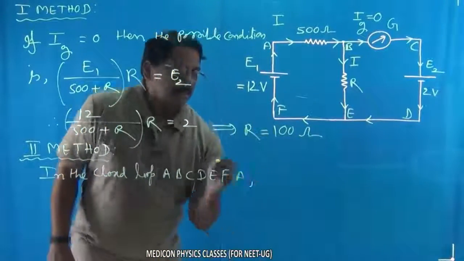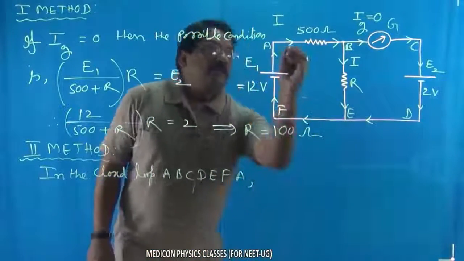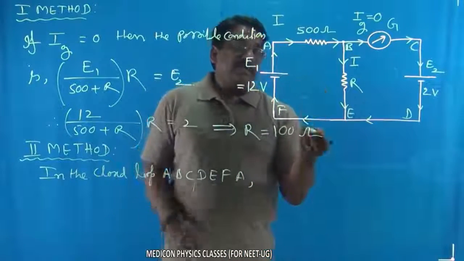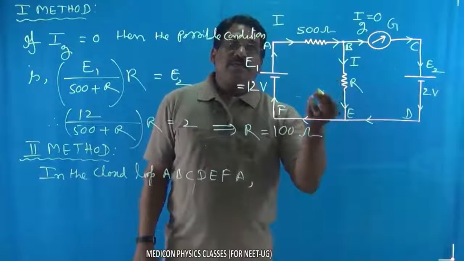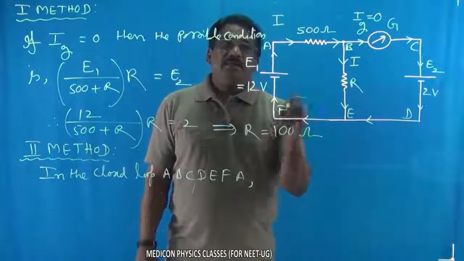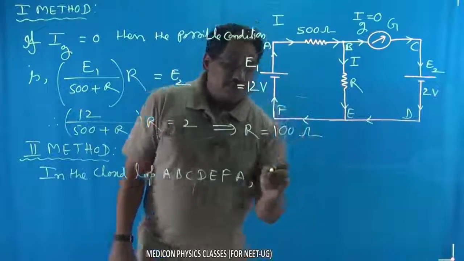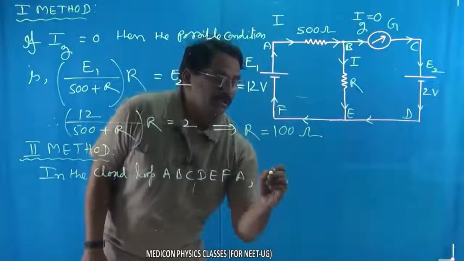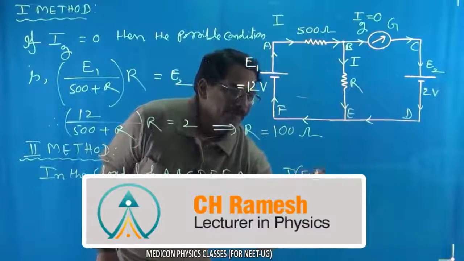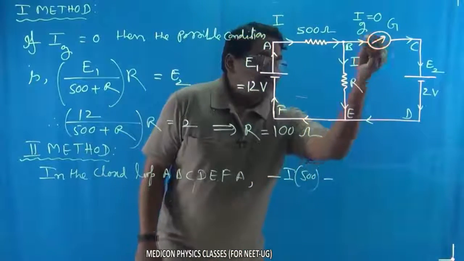In this, if we apply Kirchhoff's second law, here you see, I into R, we are going through this resistor. Of course, we study this convention in our next concept, but here, in general, you can come back and you can understand this approach. I am going to write the total equation: minus I into 500, minus Ig into G, which is 0.